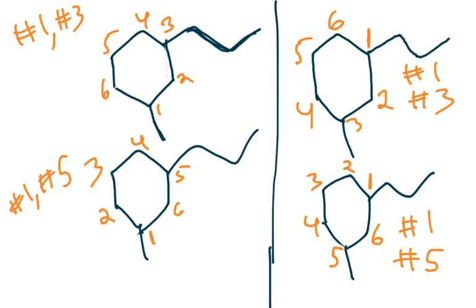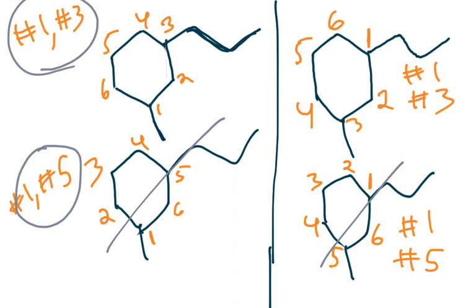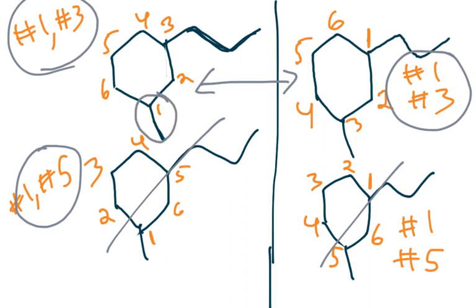So here, which one would we choose? Right away we can eliminate these two. Why? Because 1 and 5 is greater than 1 and 3, and we need the least numbers pattern. So 1 and 3 wins. Now, how do we choose between these two? If we look at this one right here, the number 1 carbon has a methyl.